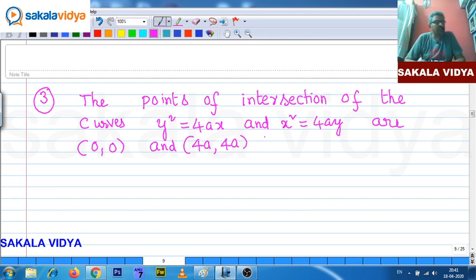So, if you solve these two equations, y square is equal to 4ax and x square is equal to 4ay, you get the points of intersection. So, that means you get like this.